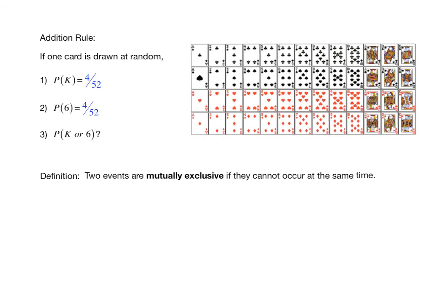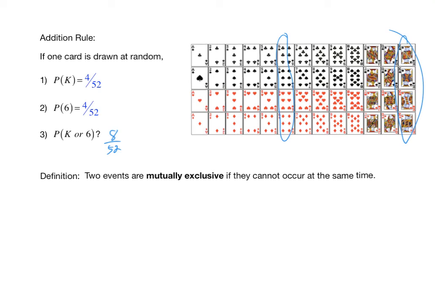Now on this final screen, we want to revisit the first screen to talk about what it means for events to overlap. So technically, we saw that the probability of getting a king is 4 in 52. The probability of getting a 6 is 4 in 52. Then the probability of getting a king or a 6 was 8 in 52. And we noticed that this plus this is equal to that.